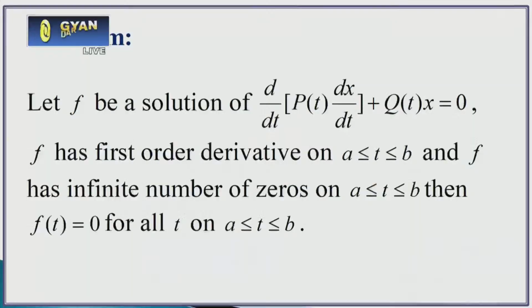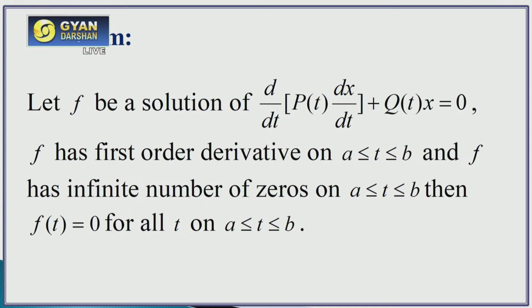Next, theorem. Let f be a solution of this equation where f has a first order derivative on this interval, and f has infinitely many zeros on this interval, then f is identically 0. So this is an important theorem. Here we can see the benefits of self-adjoint equations.